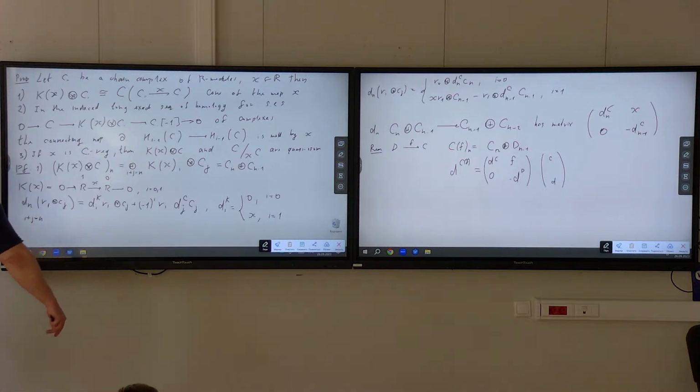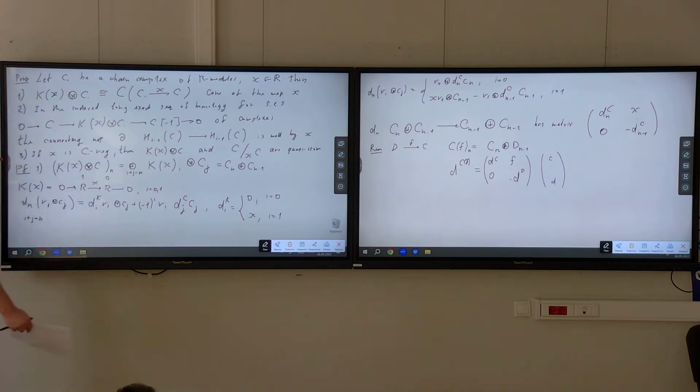Okay, but that's the only thing I want to prove in this proposition. For part 2, you just go back to your homological algebra, look at the definition of the connecting homomorphism, do the explicit computation and see that the connecting homomorphism is multiplication by x. It's quite a long and annoying computation. I don't want to do this on the whiteboard.